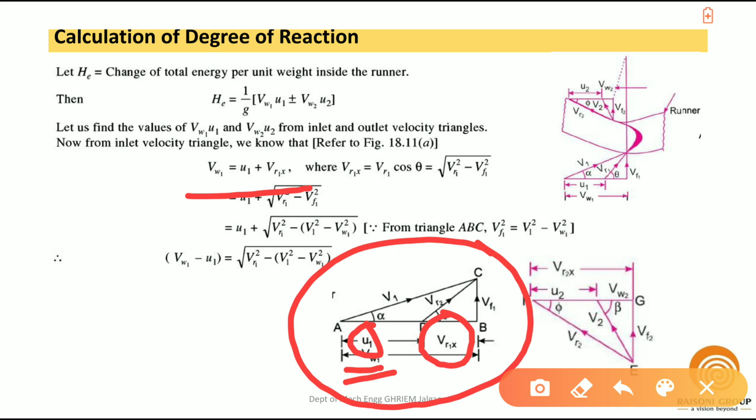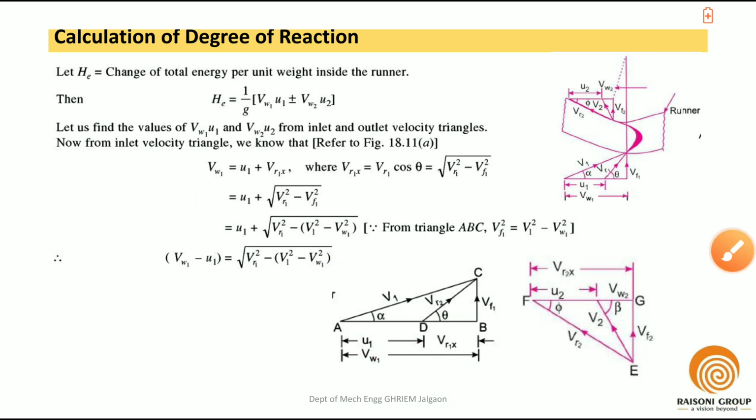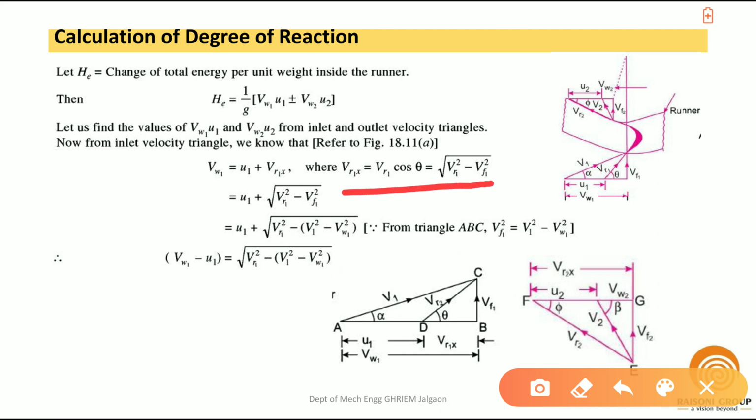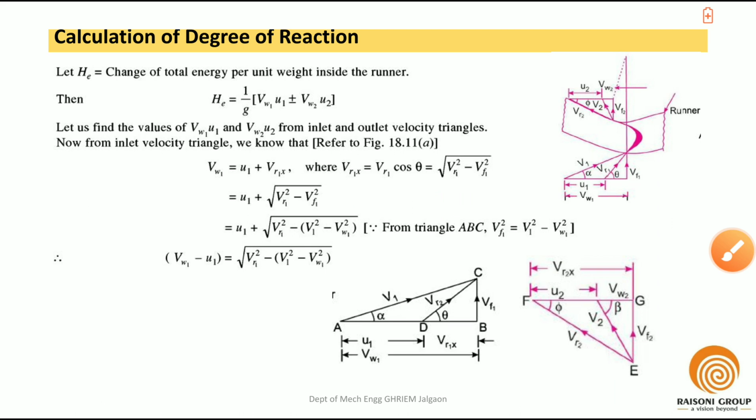So it is the addition of these two, where Vr1x is equal to Vr1 cos phi, and this is the phi angle. Value of this Vr1x is equal to Vr1 cos phi.